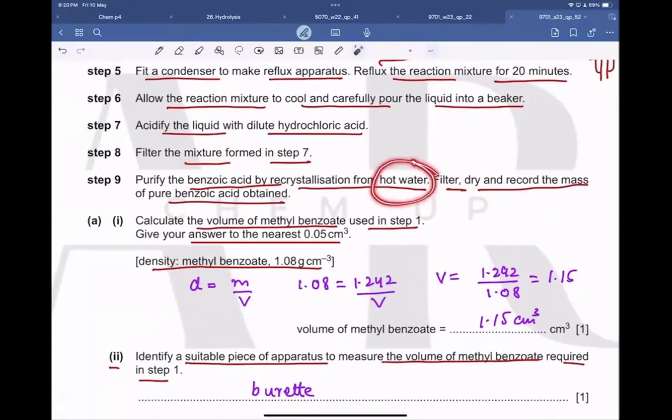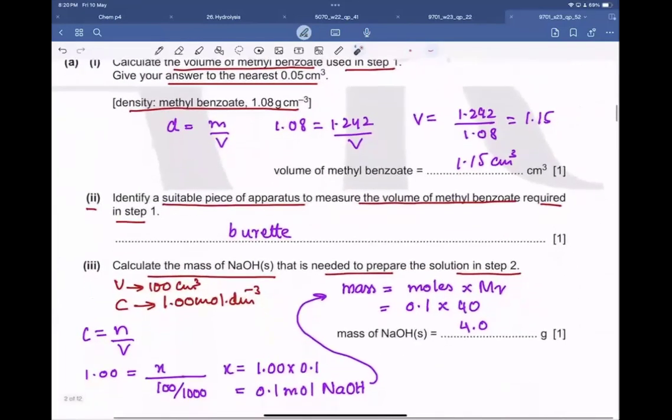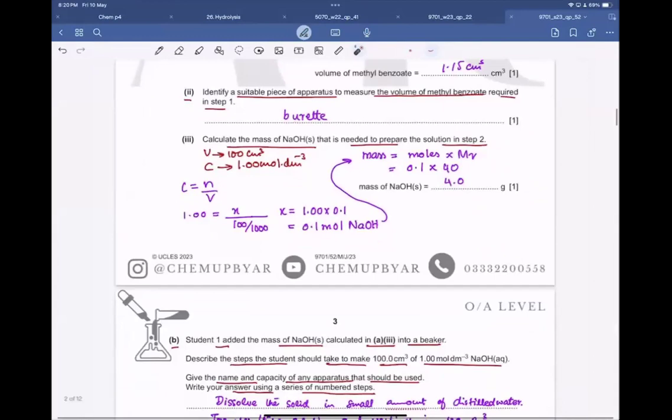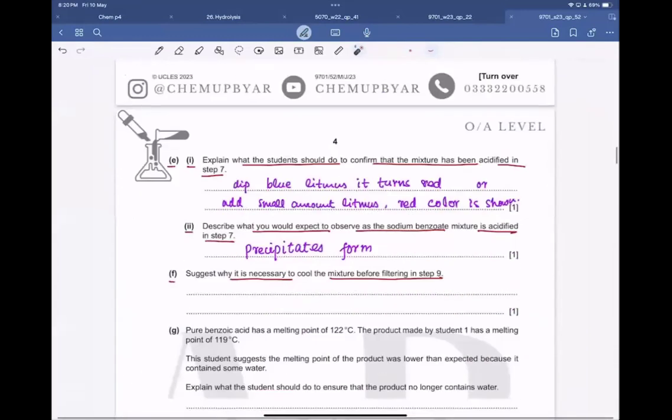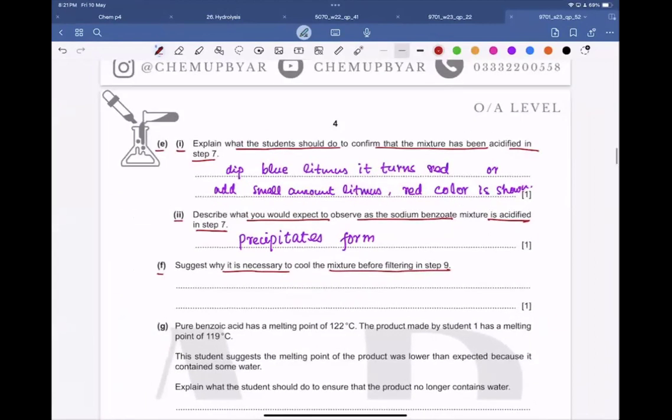So in hot water, it means that it gets dissolved, and when we allow it to cool, on cooling its solubility decreases. So before filtering, if we are cooling it, it means that we are making more of the benzoic acid precipitate out.